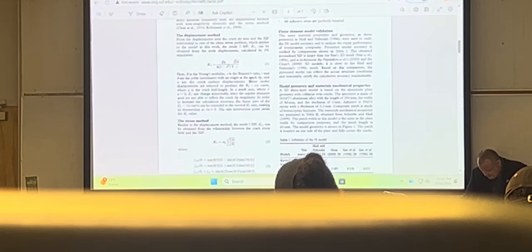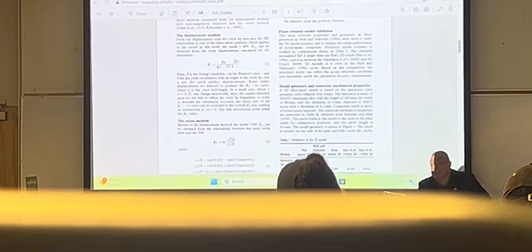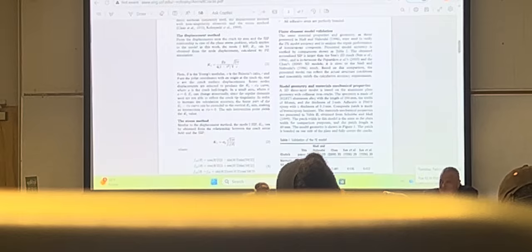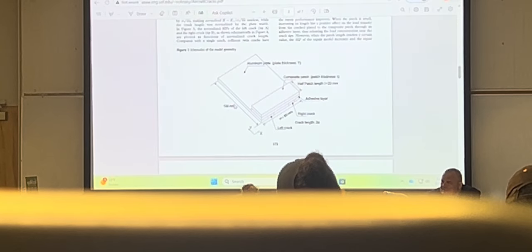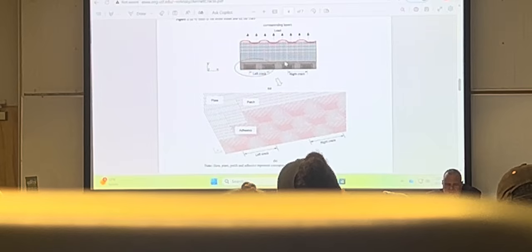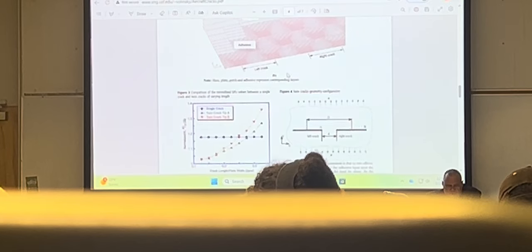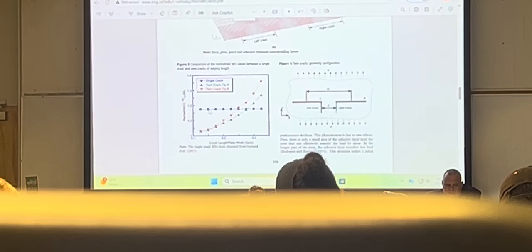The problem was that the student who made these calculations did it for fixed geometry. It was very hard to publish it because mathematically this problem has been solved in Fortran in the 70s. And you have two collinear cracks, which is a complication compared to what I'm telling you now. And this is a one crack solution.